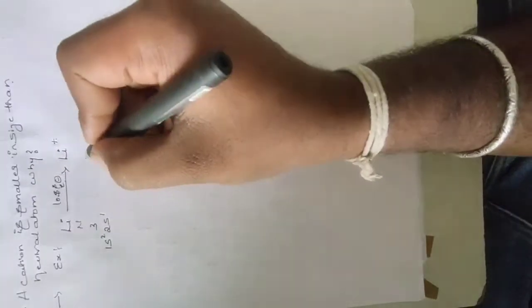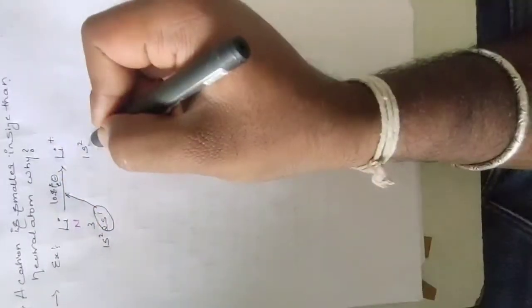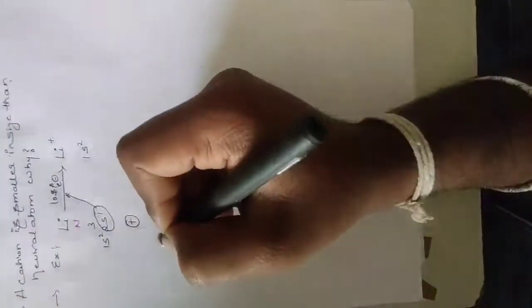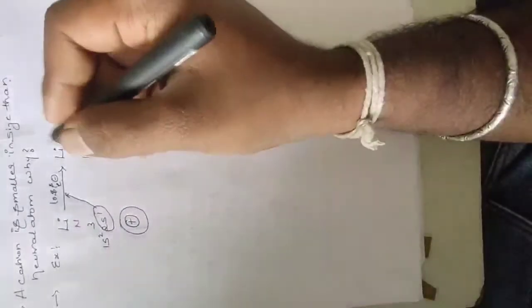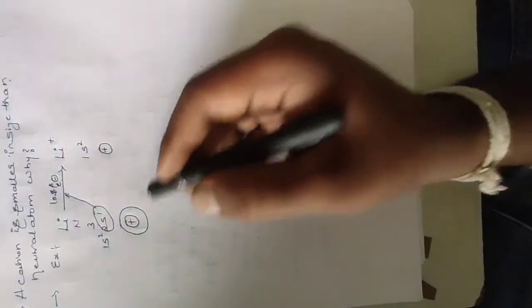Okay, what happened? 1s2. The 2s1 electron is lost, so I am writing only 1s2. If you write the diagram, it is 1s2, 2s1, correct? When you come to lithium plus, it will be only 1s2. You see what is happening here?